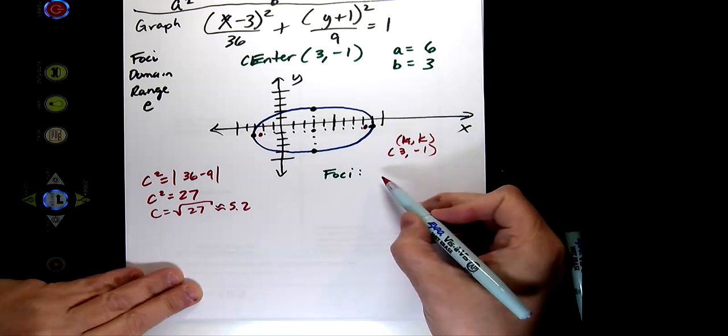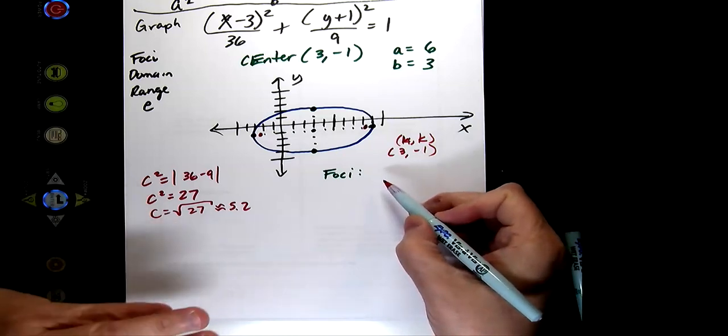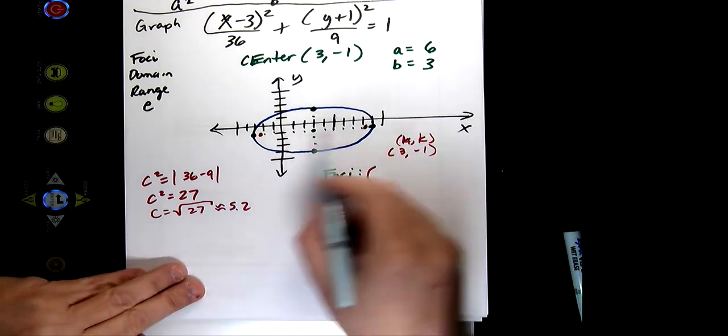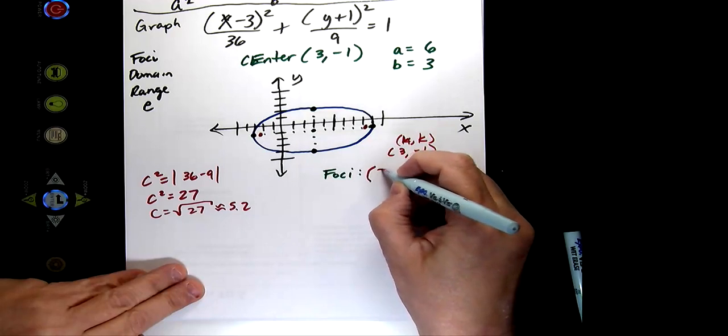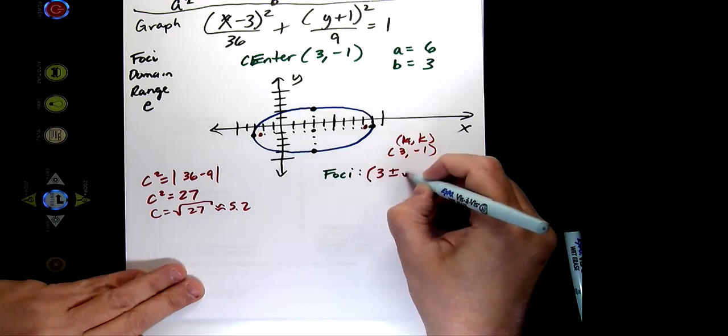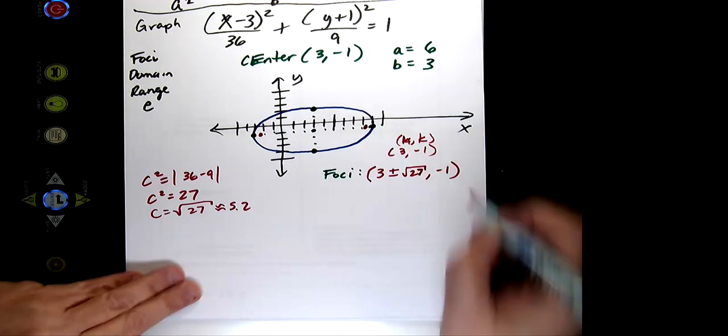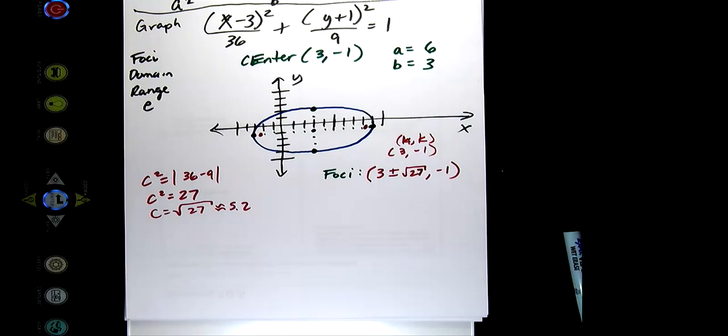For the foci, I don't need to do any adding or subtracting. I know it's moving along the x-axis, so the foci are at 3 plus or minus the square root of 27, comma, the same k, -1. If you wanted to graph those, you would need to put it in a calculator and convert to a decimal. But the accurate values for those foci are 3 plus or minus the square root of 27, and -1.